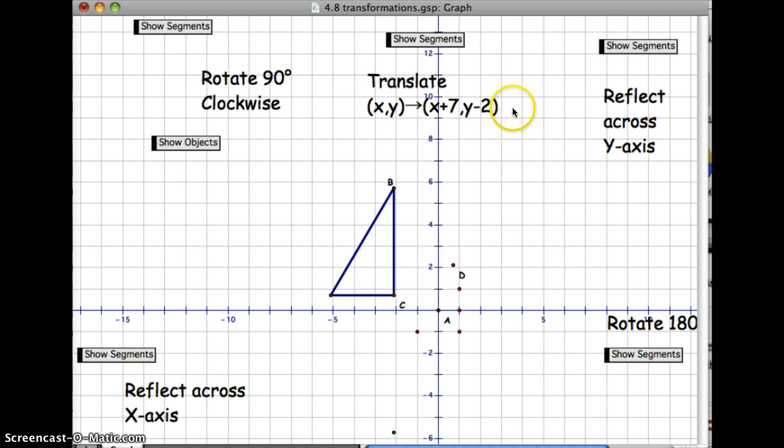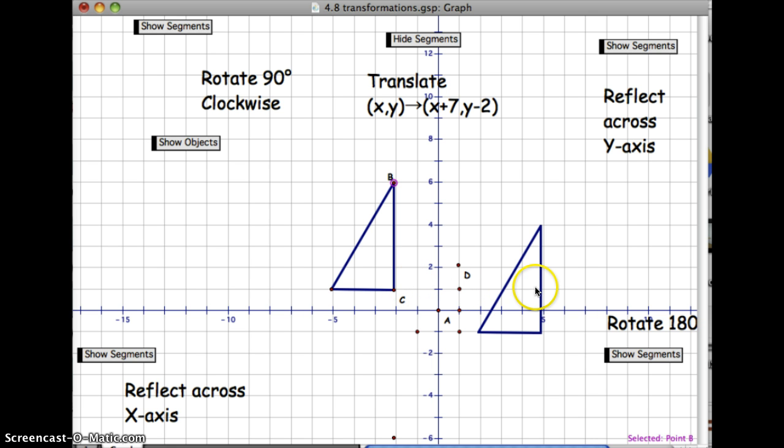So let's take a look. Yeah, here it is. If I count from my C point here, I have 1, 2, 3, 4, 5, 6, 7. That's my positive 7. And then down 1, 2. Pretty simple.